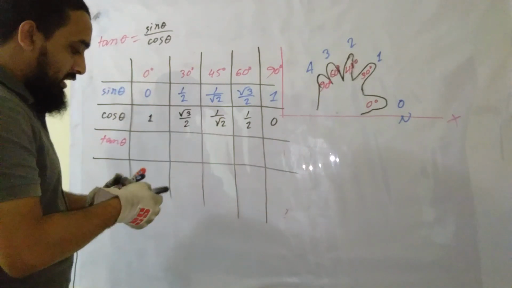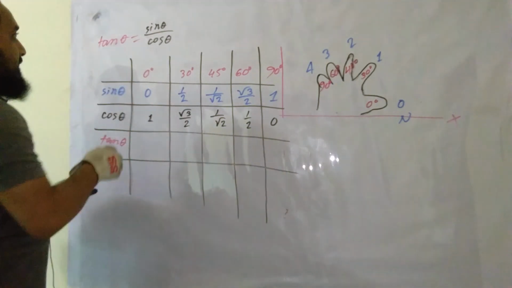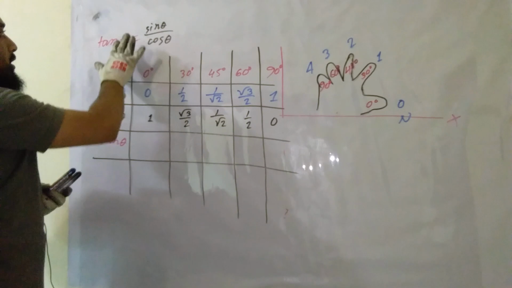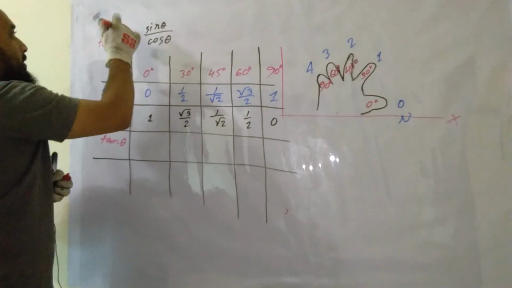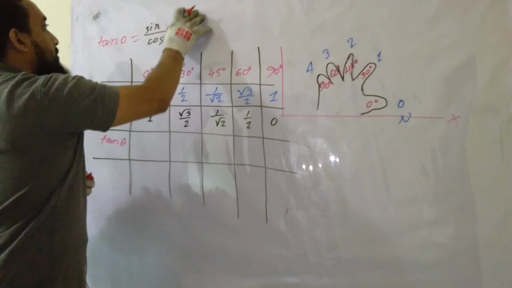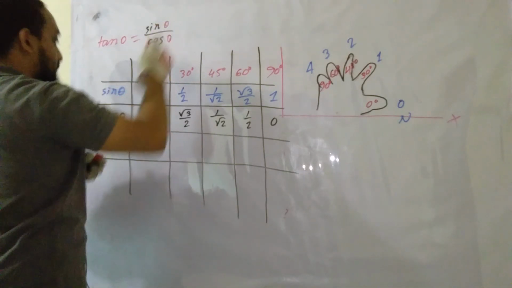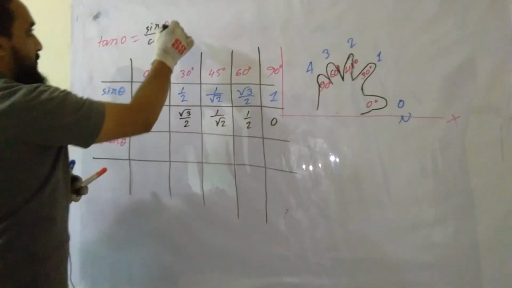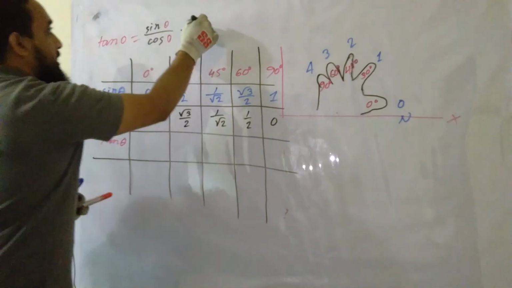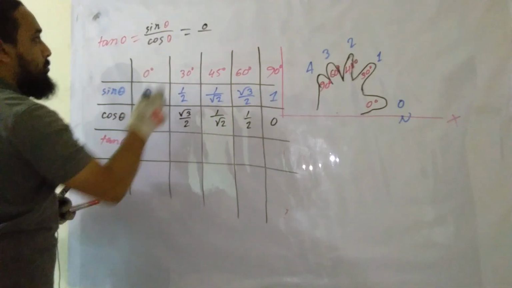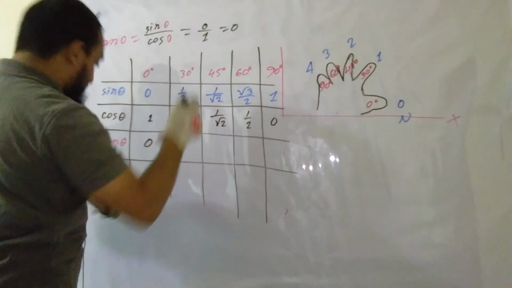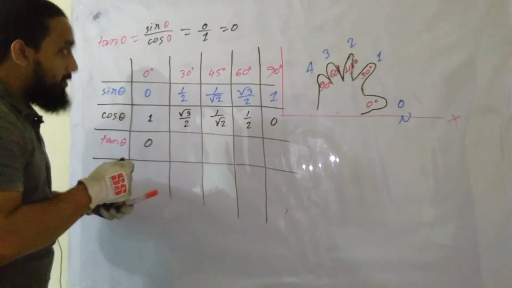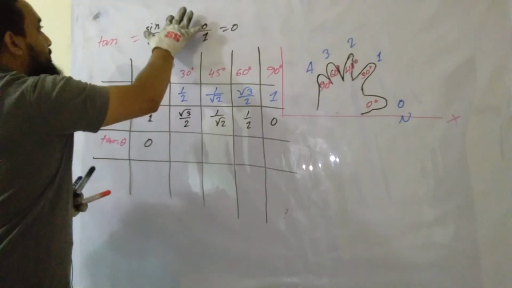Okay, now for 0 degree, tan 0 means sine 0 divided by cosine 0. So just put down their value. Sine 0 is 0, cosine 0 is 1. That means 0 divided by something, this must be 0. Okay, go for the next one.